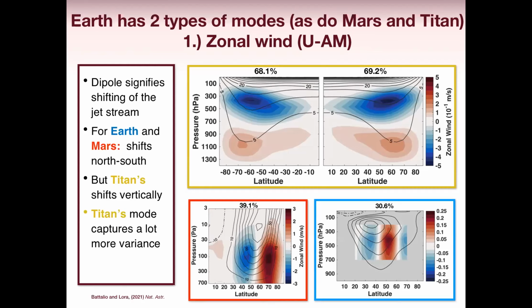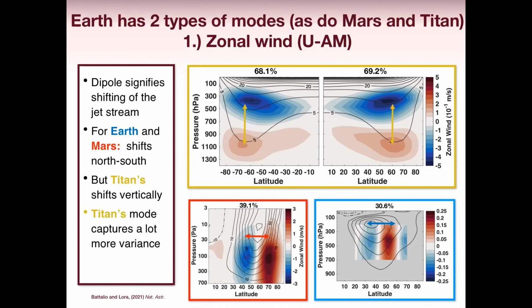And for Earth and Mars, down at the bottom, these dipoles, these red and blue shadings, shows you that the most important way of variability of the zonal mean zonal wind is that it just shifts back and forth, north and south. Titan is quite different though, because its jets are formed very differently from Earth. So instead of the zonal mean jet just being this blob in the center, you have superrotation, and then these extensions of the jet down and towards the poles.